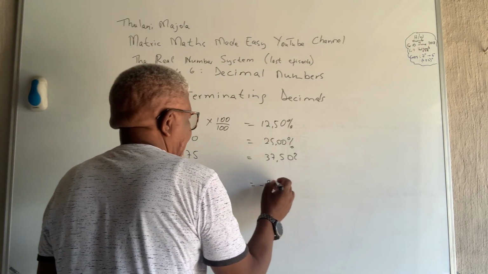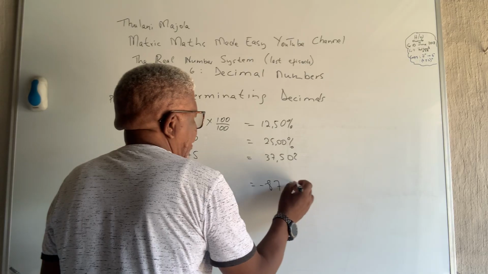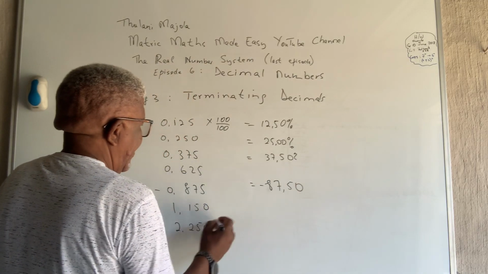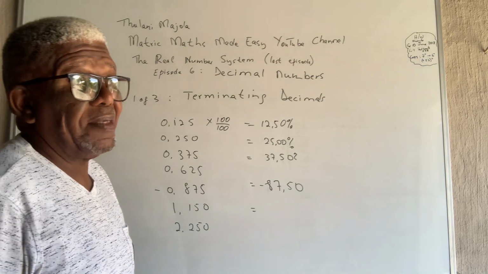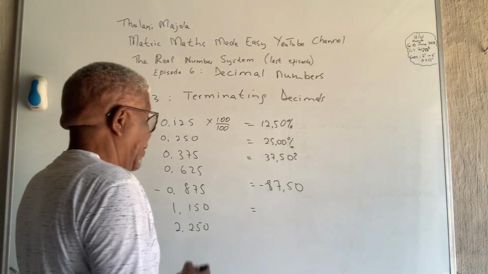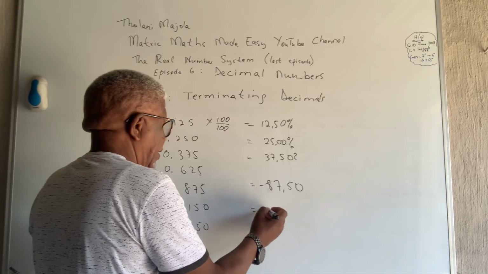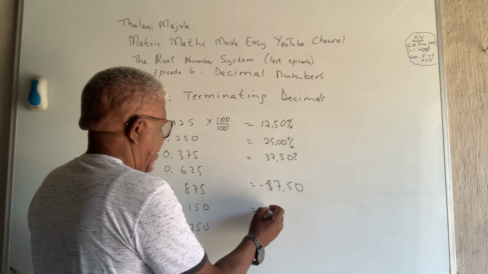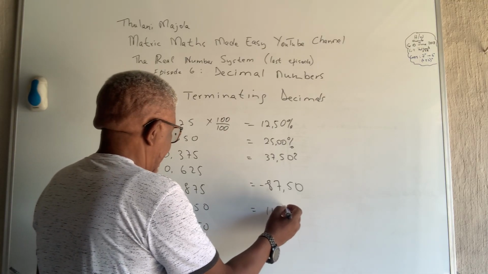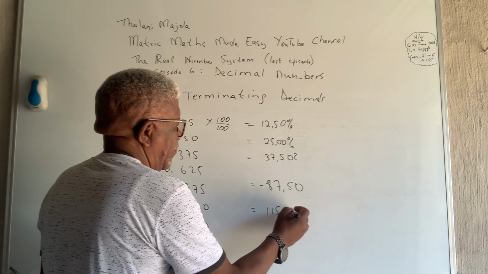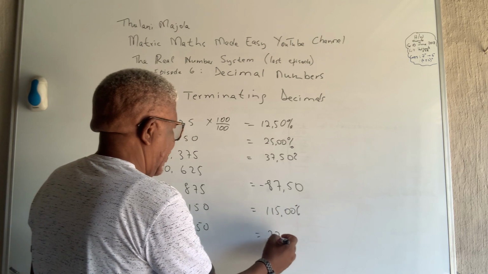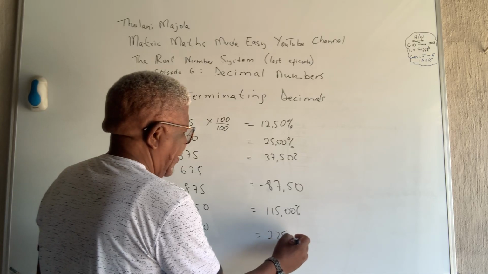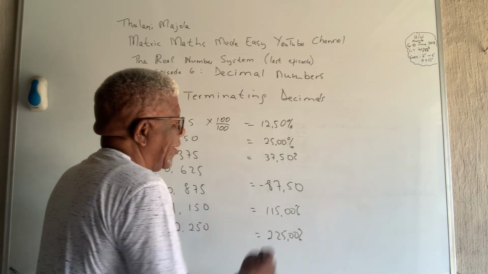There is 87.50%, and sometimes the values escalate a lot, say 115.00%. This is too much. 225.00% is quite a lot.